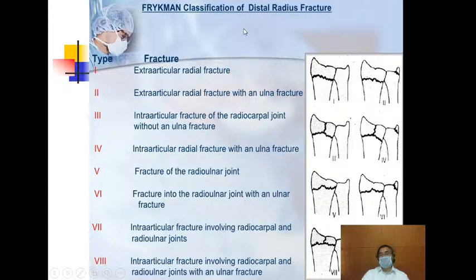This is the classification based on the posterior view of the radius or wrist fractures. So there are type 1 to type 8, and as a rule of thumb, the complications increase from type 1 to type 8, and the management differs for each and every type. The management becomes more and more complicated as you go along from 1 to 8.